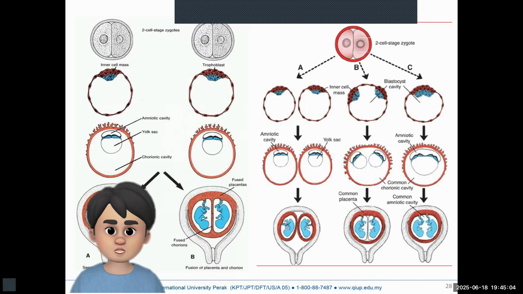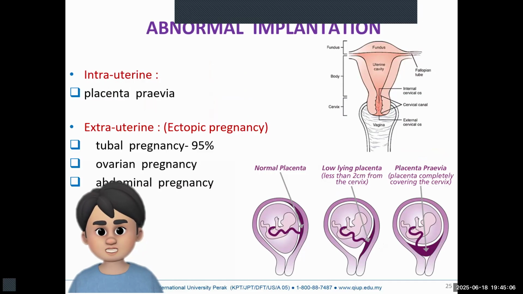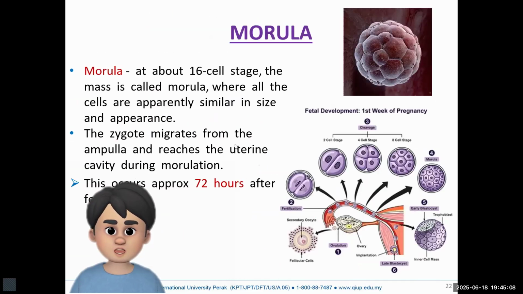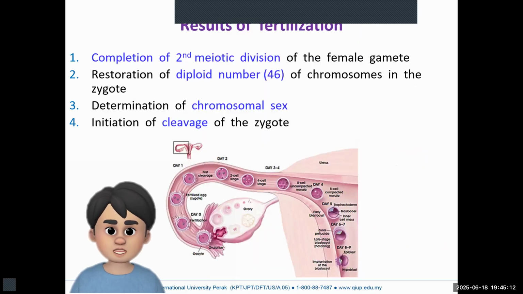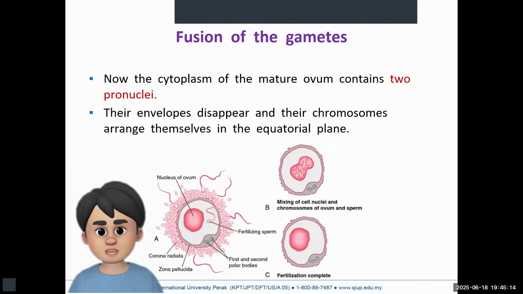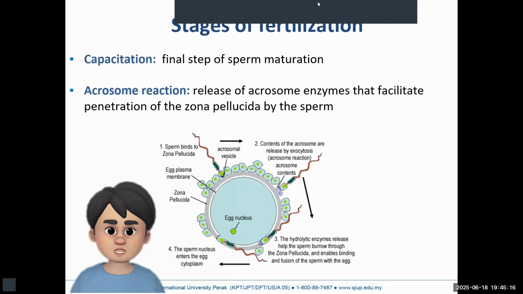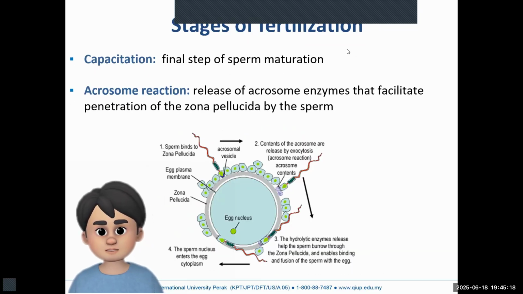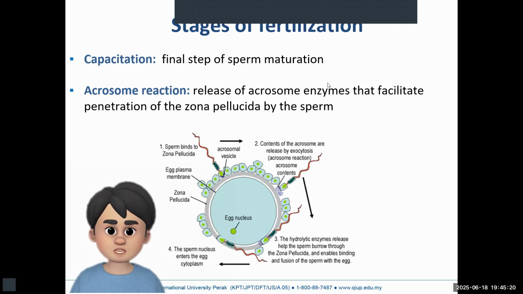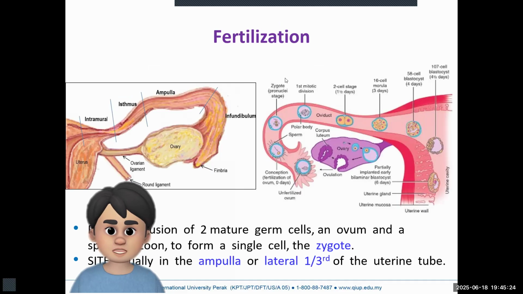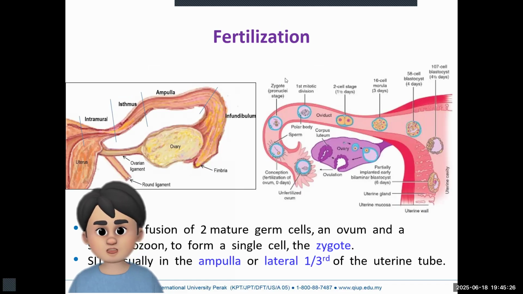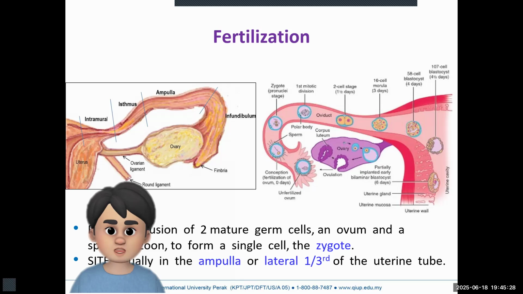So now here, that is the end of the session, right? Now we'll continue, we'll revise a little bit more, right? Stage of fertilization, and those things you need to reread, right? Then only you get more information about it.